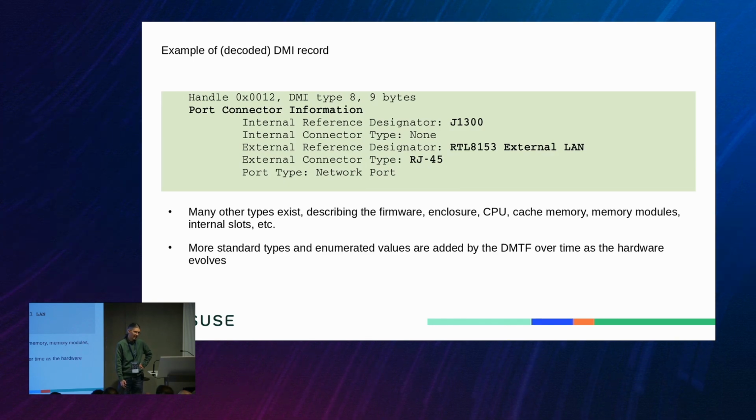There are many other types which exist, describing firmware, enclosure, CPU, cache, memory modules, internal slots, etc. They really cover everything that is in your hardware system. And more standard types and enumerated values are being added by the DMTF over time, because the hardware evolves, so the specification has to evolve as well.